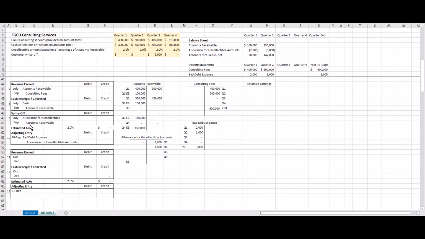We know that the customer will not be paying us. To write off the account, we debit the allowance for uncollectible accounts and credit accounts receivable for $5,000.